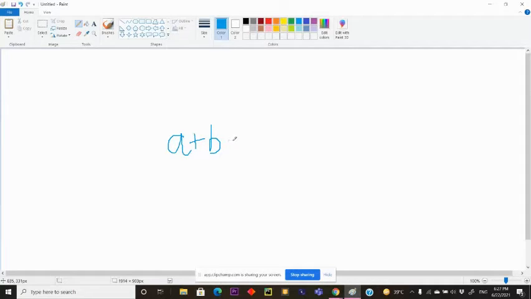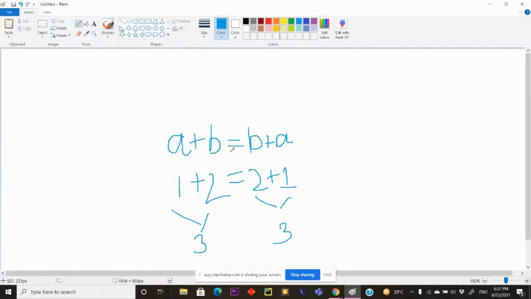First, let's say A plus B is equal to B plus A. What are these letters? Maths is not numbers, not letters. So 1 plus 2 maybe is equal to 2 plus 1. The answer would be the same or not. This is also 3 and this is also 3. So it simply means that A plus B is equal to B plus A. So this is the first formula of commutative property.